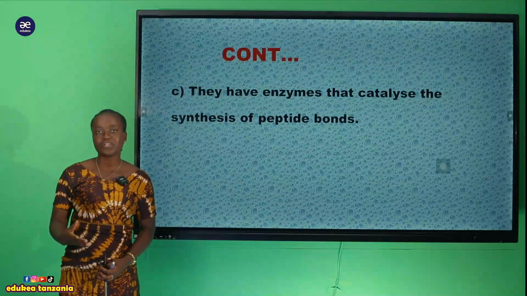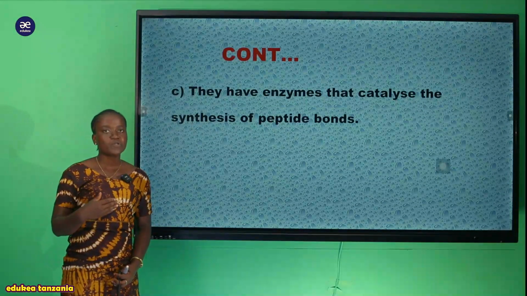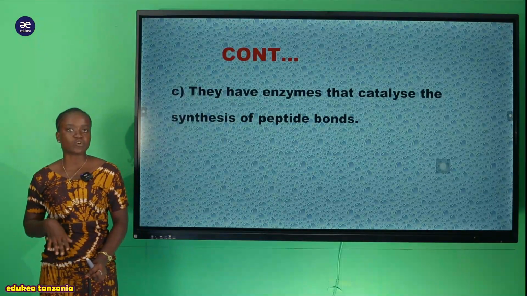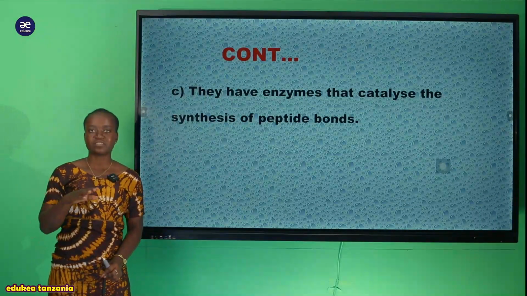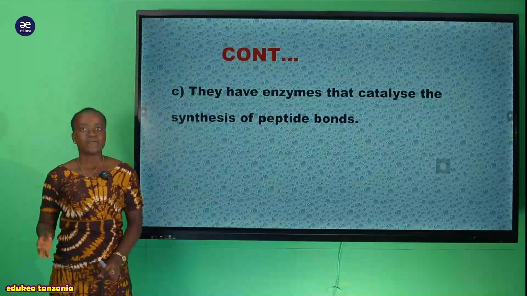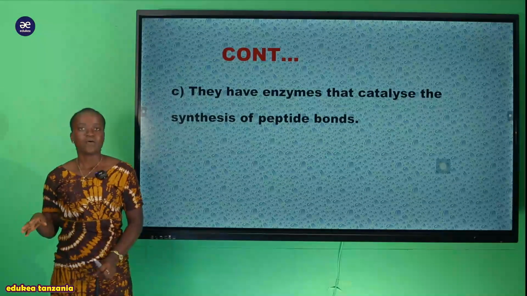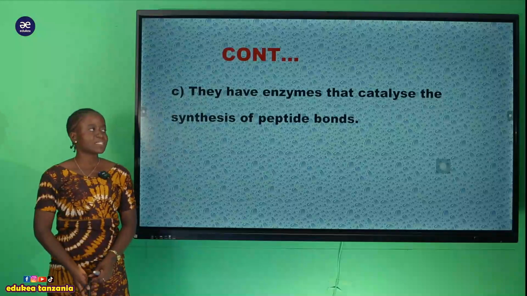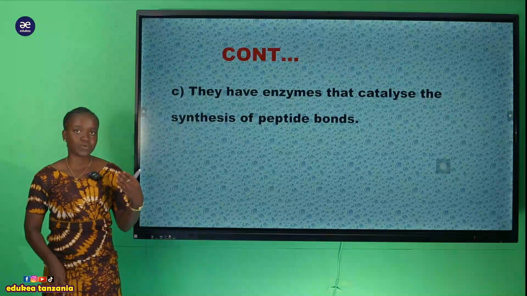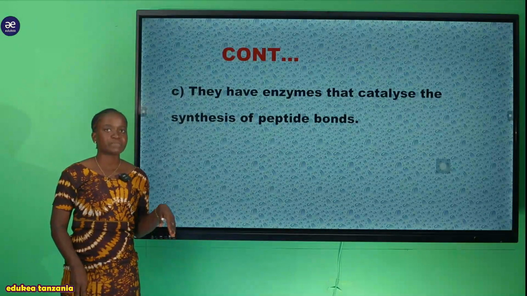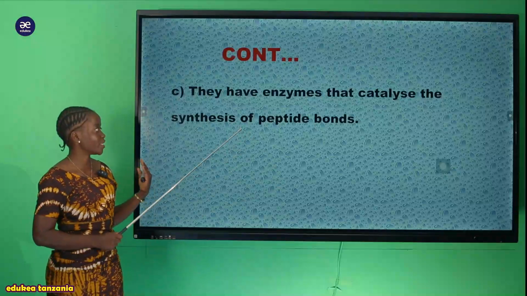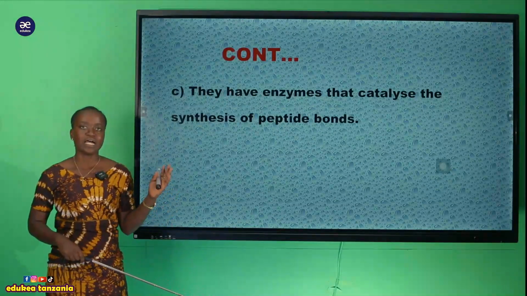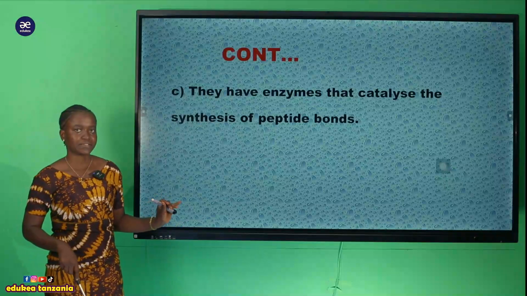So the peptide bond is made only because of the presence of this ribosome. Remember, we have different kinds of bonds. We have hydrogen bonds, we have polypeptide bonds, we have different kinds of bonds. So the presence of the enzymes found within the ribosomes is what leads to the formation of the peptide bond within the cell of a living organism.